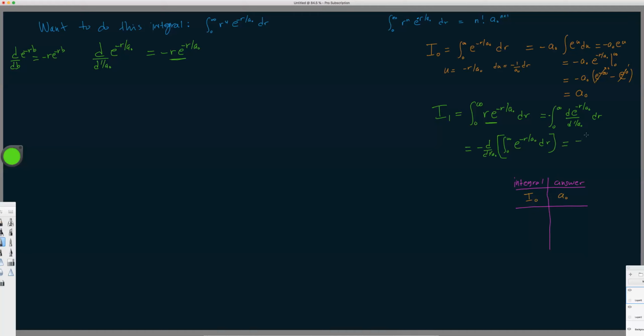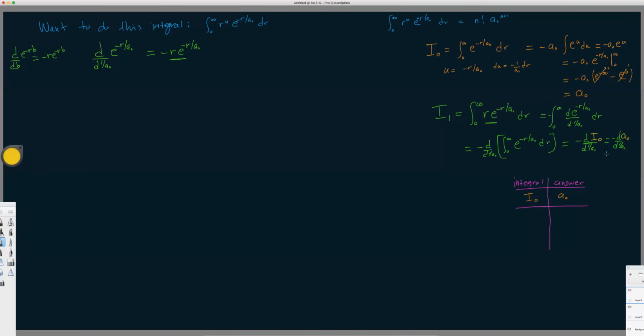So this is d 1 over a naught of I naught, the derivative of the integral I naught with respect to 1 over a naught. Now we know what the answer is, so it's equal to minus d with respect to 1 over a naught of the answer for I naught, which is a naught.